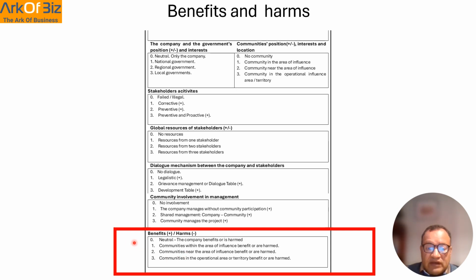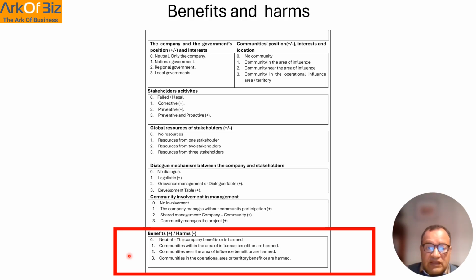The company always has a zero value because the ASEC tool measures the social license to operate, not the company's own performance. That's why the company is always neutral or zero. The communities within the area of influence receive a value of 1, depending on whether they benefit or are damaged.